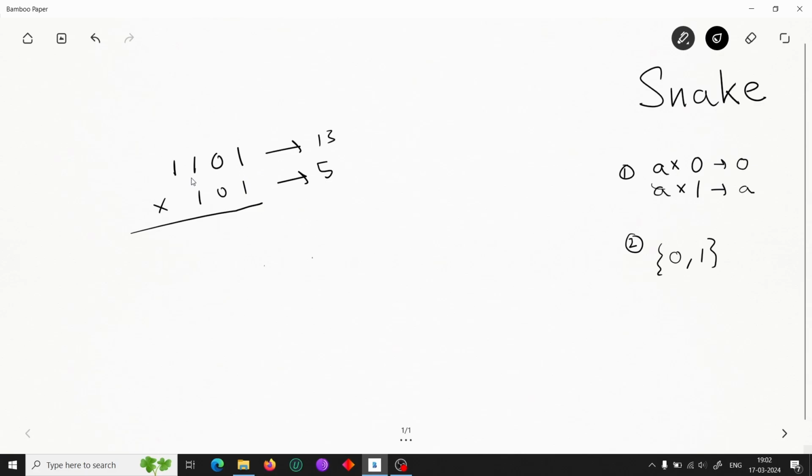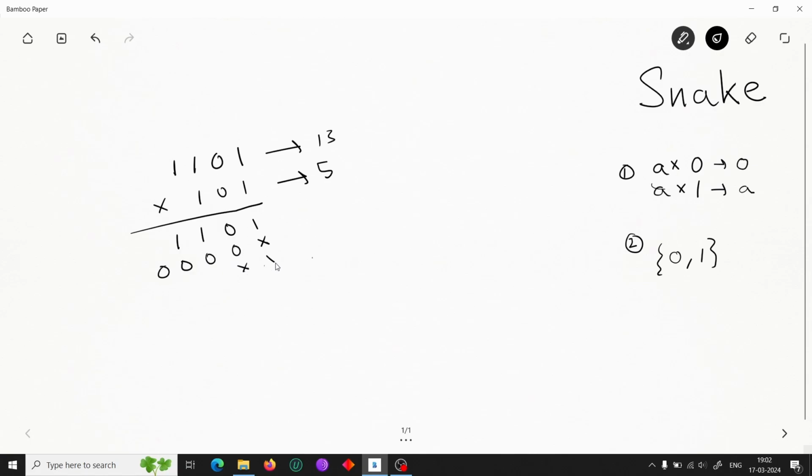What happens when you multiply this binary number with 1? It will always give the same number, 1101. Then just like normal multiplication, you shift it to the left, and now you're multiplying the entire number with 0. So the entire row will become 0.